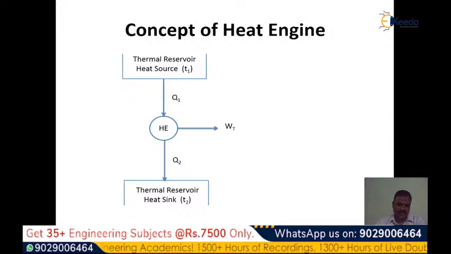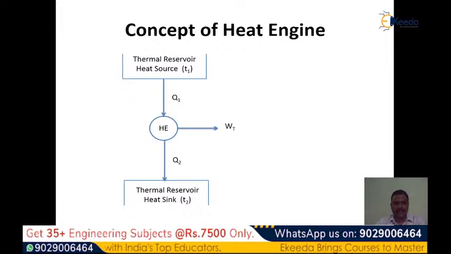So this is how the heat engine works in general, either in the case of a vapor power cycle, or in an IC engine, or in any type of engine that converts heat into work. That is exactly how it works.